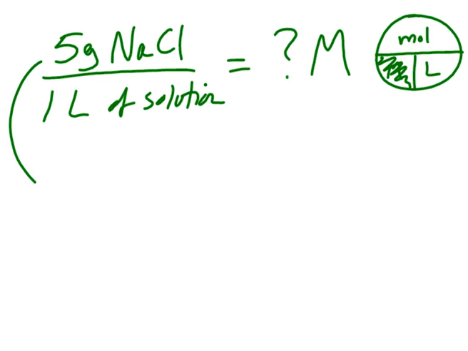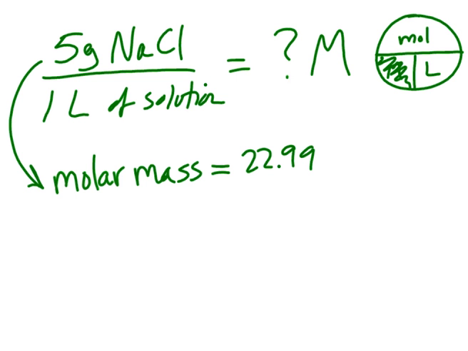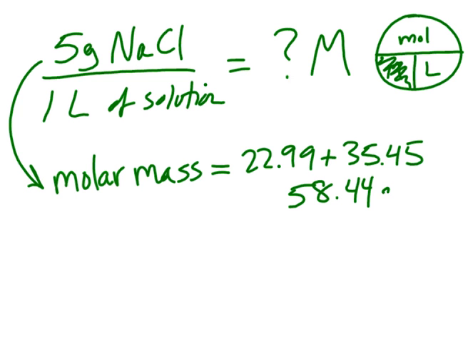Looking here, I have grams, which obviously is not moles, but I should be able to use the molar mass. The molar mass of sodium chloride would be 22.99 grams per mole plus 35.45 grams per mole, and I end up with 58.44 grams per mole.